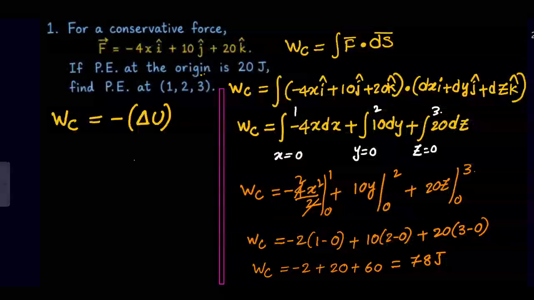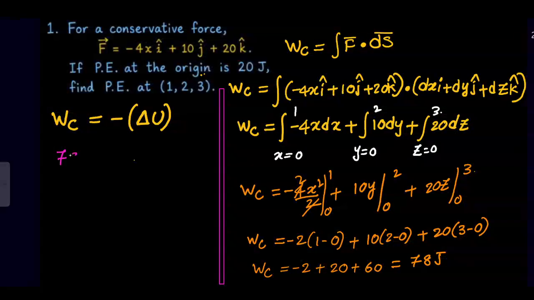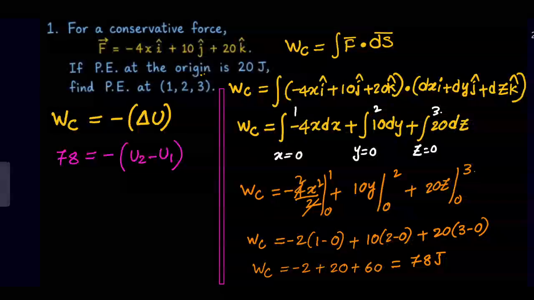Now the work done, 78, is equal to minus of change in potential energy, U2 minus U1. Here 1 is the initial point and 2 is the final point.